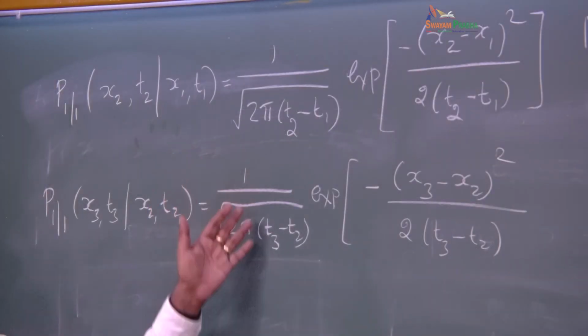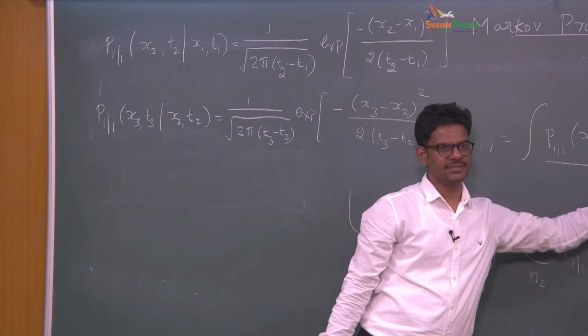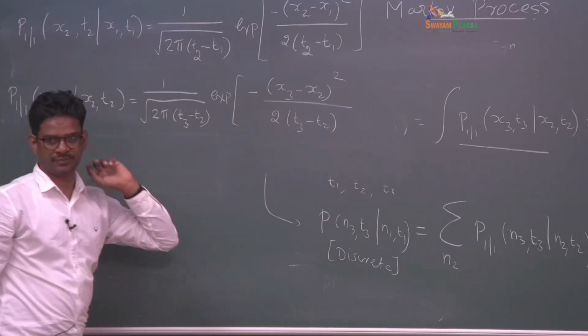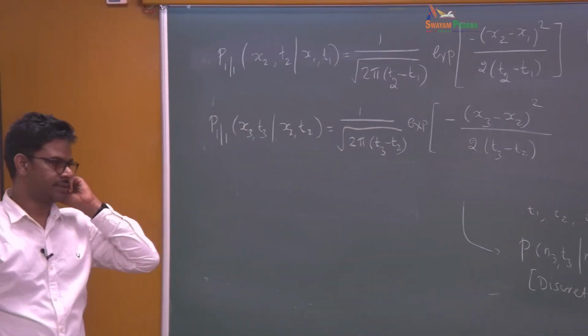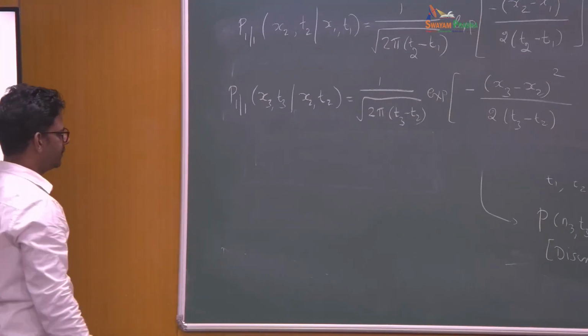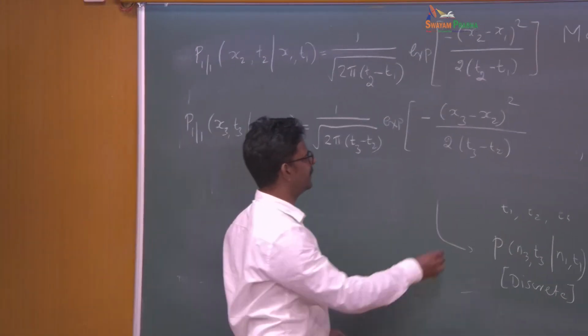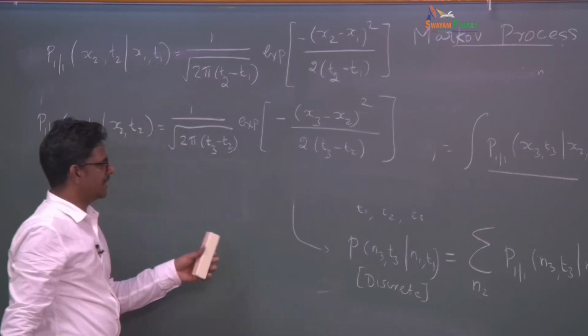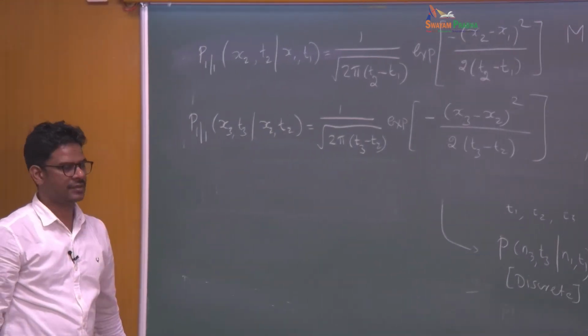Now we want to multiply these two quantities and then integrate over all possible x2. You can go ahead and do this, and in my notes you will see that I have done it that way. But for this class, we'll make a little bit of an assumption.